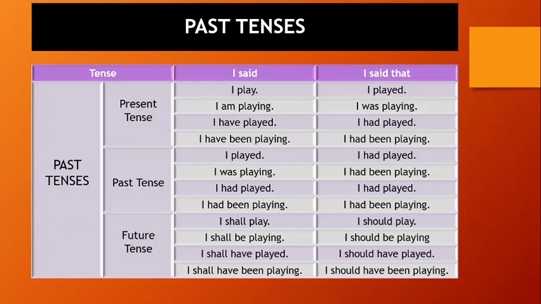But past perfect, I had played, doesn't change. It remains I had played, and so does I had been playing. In these two cases, there are no changes. Future, as I said, we always take the should or would form. I shall play becomes I should play. Shall be playing, should be playing. Shall have played, should have played. So that is how we change the tenses.